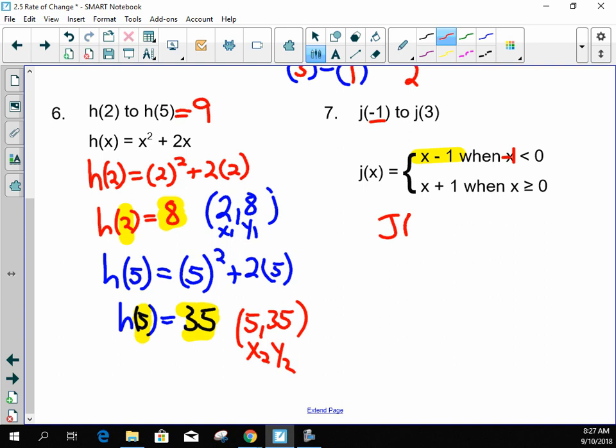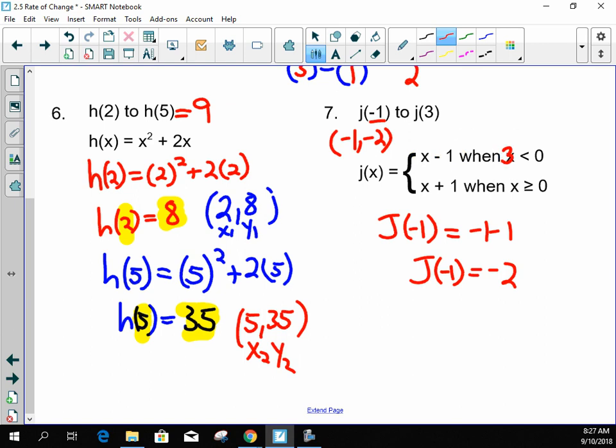So J of -1 equals -1 minus 1. J of -1 equals -2. So now I have -1 comma -2. Those are my x and my y. Now, J of 3. I put 3 here.